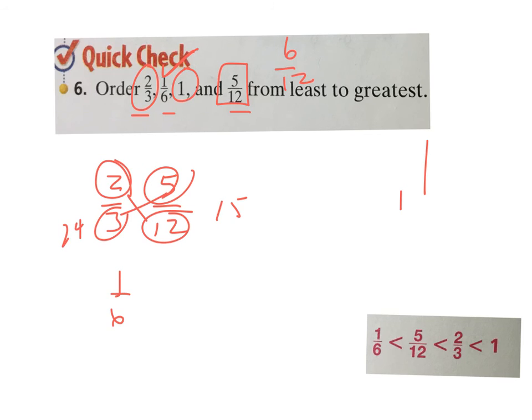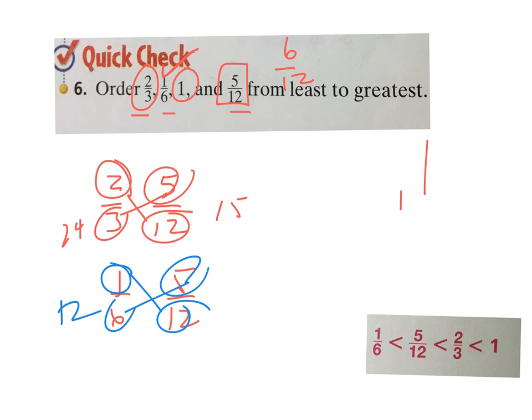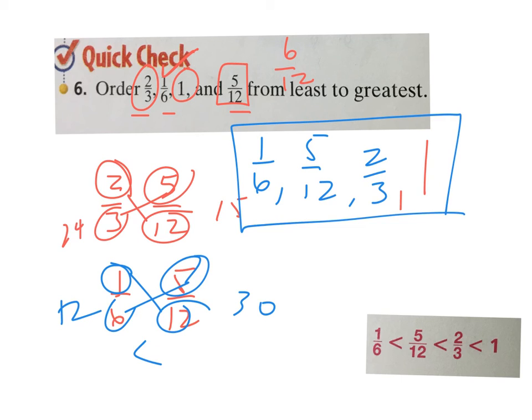So 1/6 and 5/12. 1 times 12 is 12. 6 times 5 is 30. So 5/12 is bigger. So if 2/3 is bigger than 5/12 and 5/12 is bigger than 1/6, that makes 1/6 the smallest. So in this order, 1/6, and then 5/12, and 2/3, all of which are smaller than 1. Smallest to biggest.